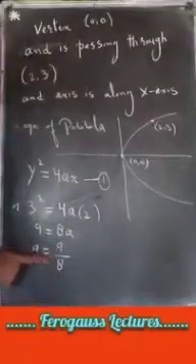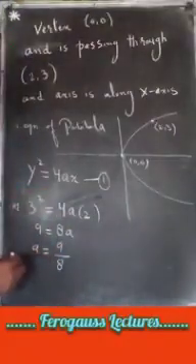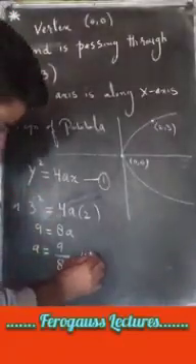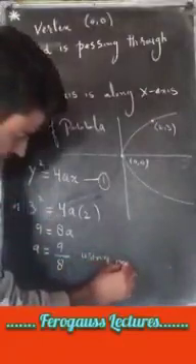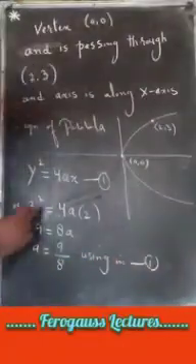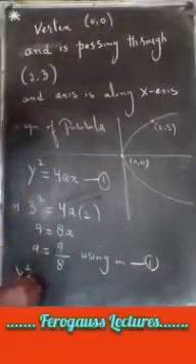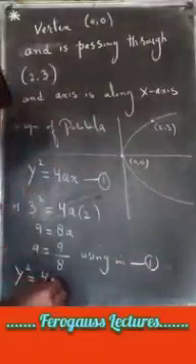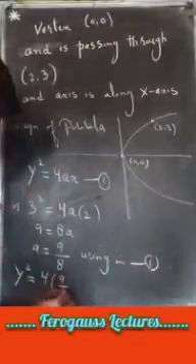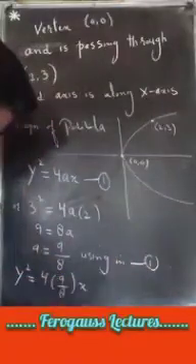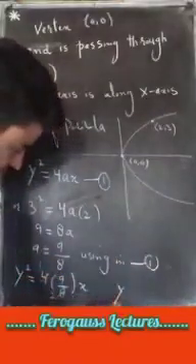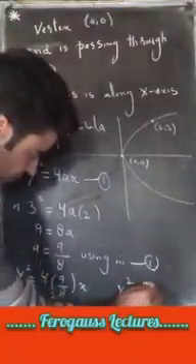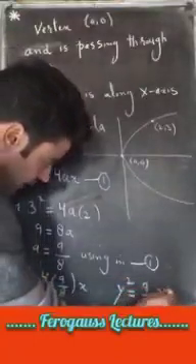Now substitute this value of a in equation first. Using it in first, we get y square equal to 4, a is equal to 9 by 8, x, which is 4 ones are 4, twos are 2, or we get y square is equal to 9 by 2 x.